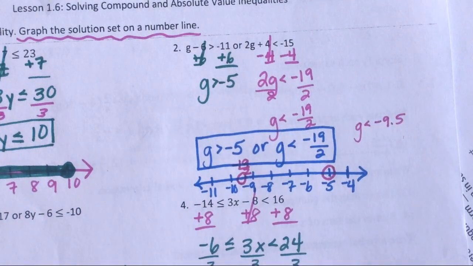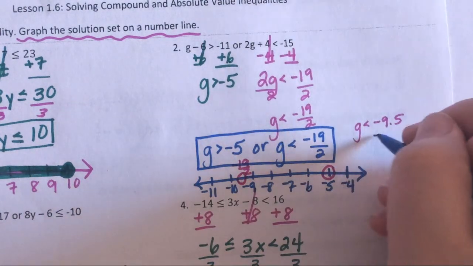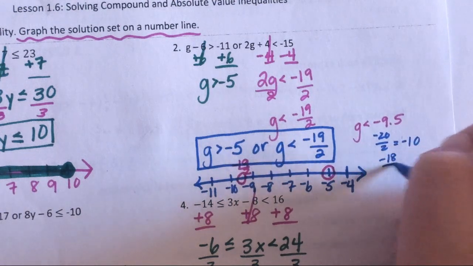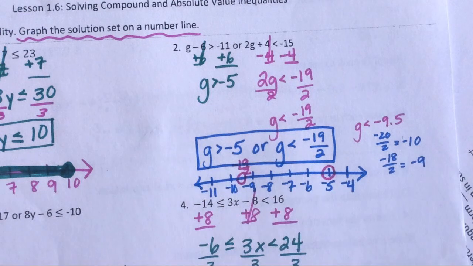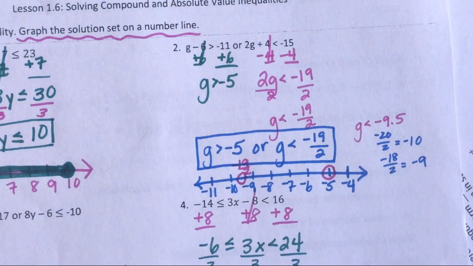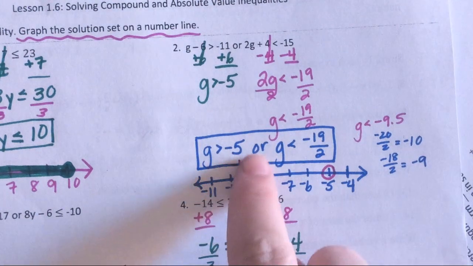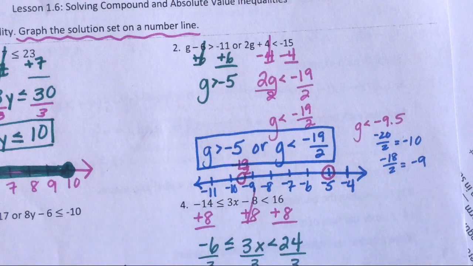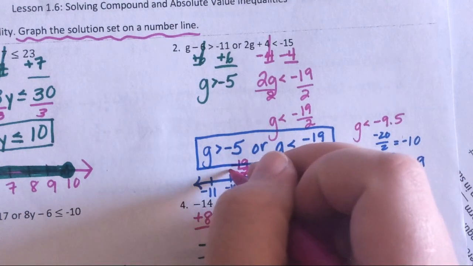Again, Miss Compton thinks in fractions. I knew that -20/2 was -10. I knew that -18/2 was -9. So that's why I knew it was between -9 and -10. Either way, we're right. If you want to write in 19/2 near it so you know what it is, I totally get it. I need to add my negative.